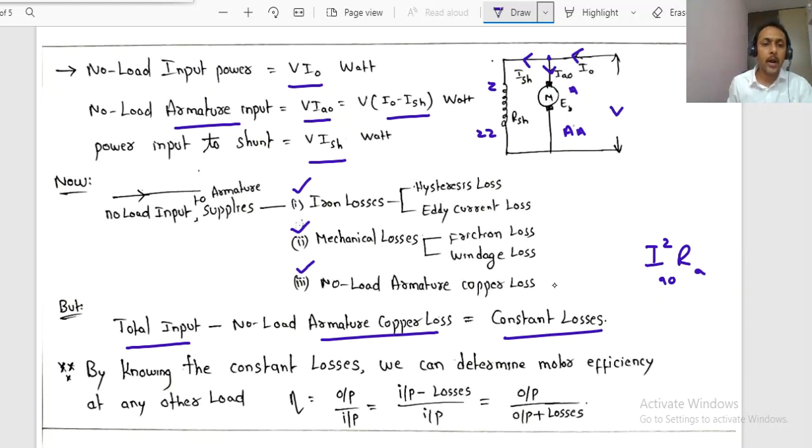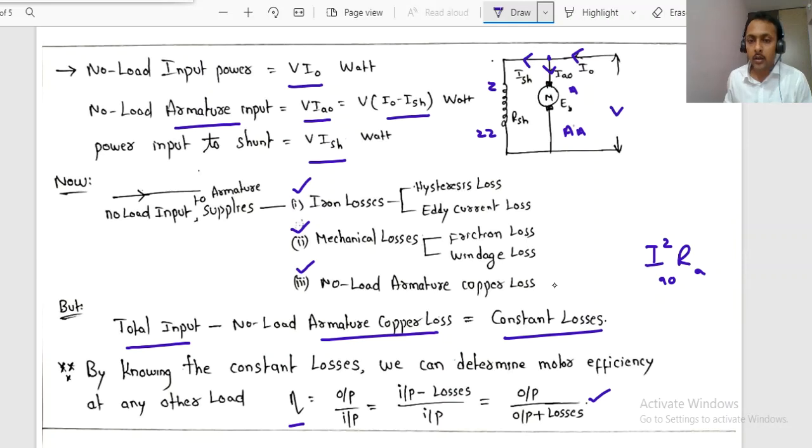Now, since we know the constant losses, what about efficiency? Efficiency is output power by input power. The output is whatever input you have given minus losses, so efficiency equals input minus losses, by input. Or you can write it as output by output plus losses.